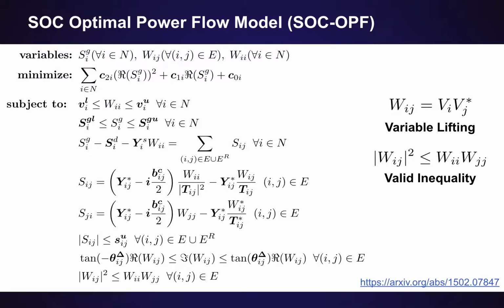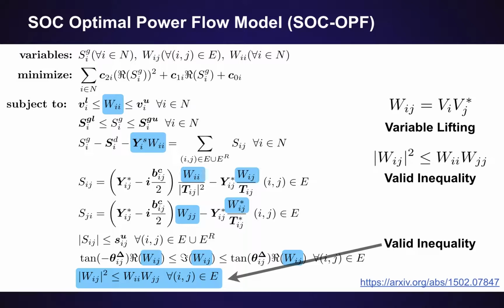So this is what the AC-OPF problem looks like when you relax it to be the second-order cone OPF problem. And what you can see is that every place we had a voltage, we've now replaced it with the W variable, and all of these constraints are either linear or convex.